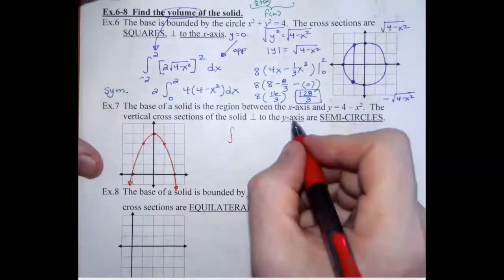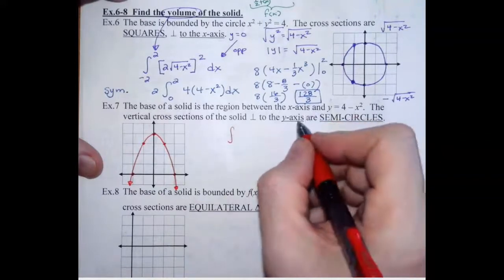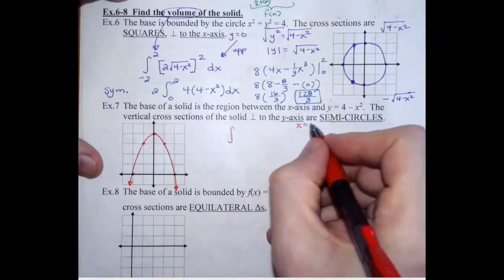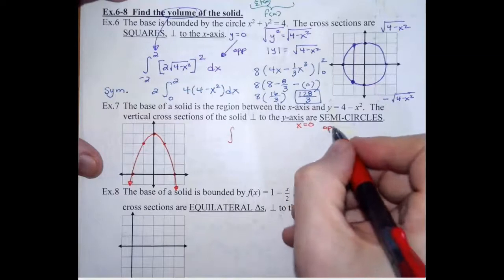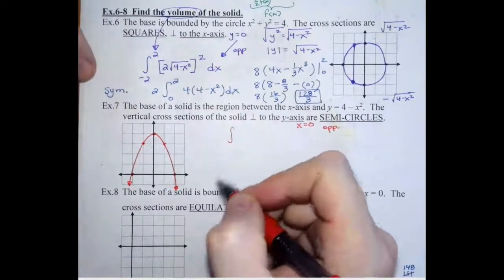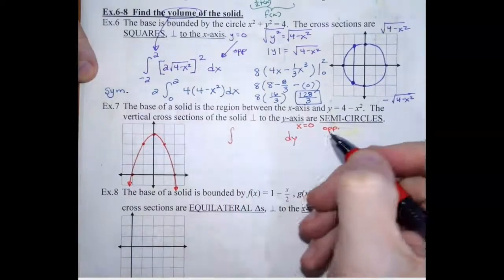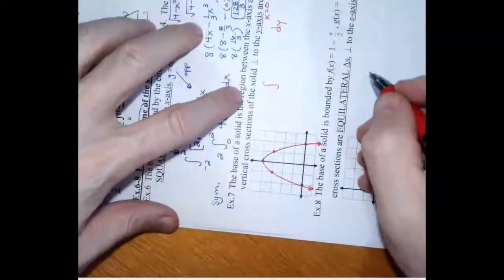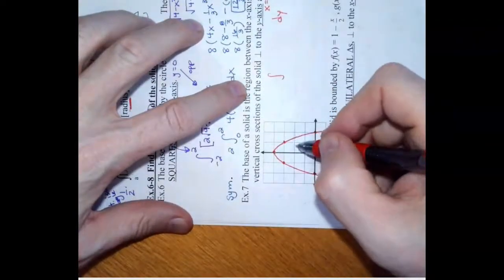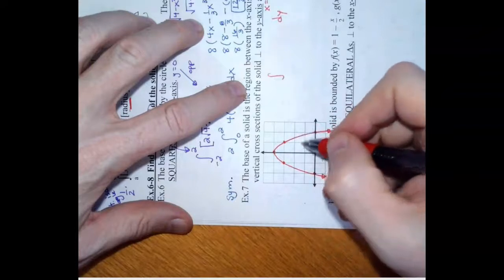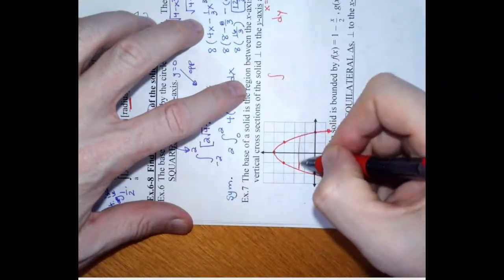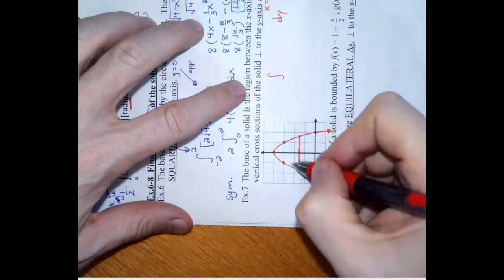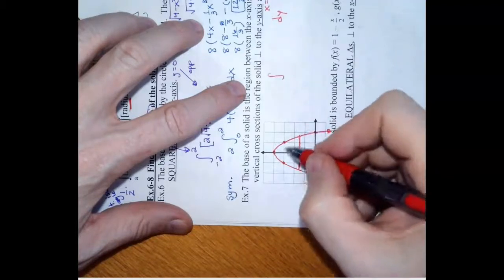So, perpendicular to the y-axis is x equals 0, and the opposite of that is going to be dy. So that's going to be a little bit more challenging, maybe. So we need to think about it this way. So we're going to get semicircles across here. Now, I don't want to try and draw a semicircle across there because it's going to look a little awkward.